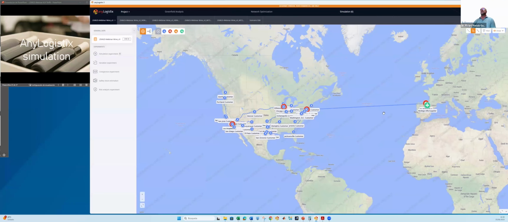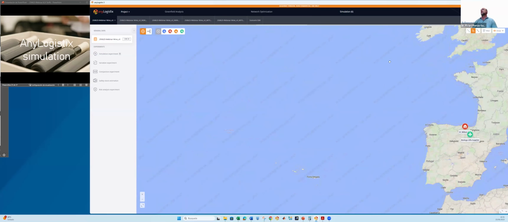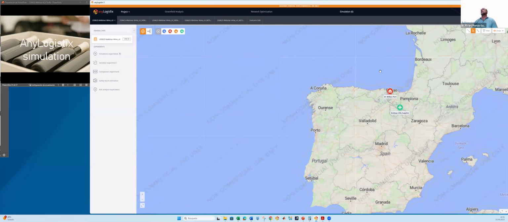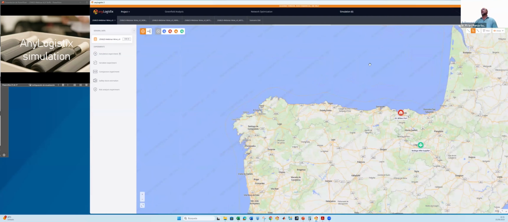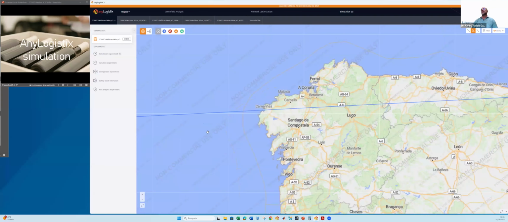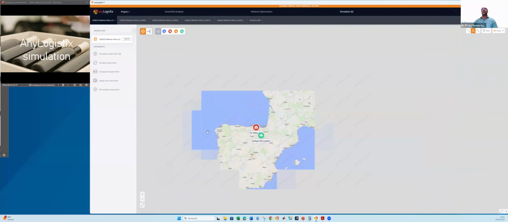So first of all, we have created our distribution network, and starting from the beginning, you can see here that we have the bodega here in Logroño, in Rioja, moving by road transport to the Bilbao port, that is moving by ship all the goods into the New York port.